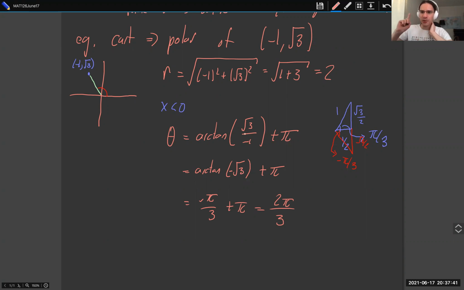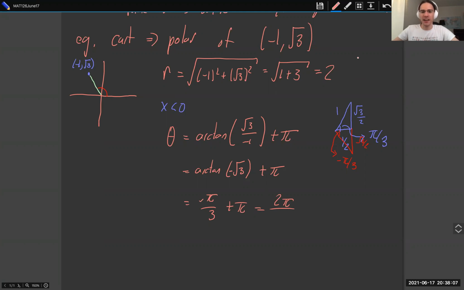In which special triangle is the ratio of the opposite side to the adjacent side equal to root 3? Because tangent is the ratio of these 2 sides, right? The other triangle, these 2 sides are equal, so the ratio is 1, right?